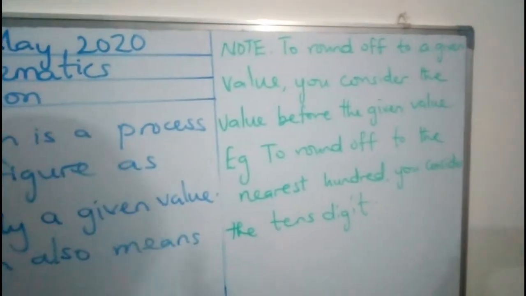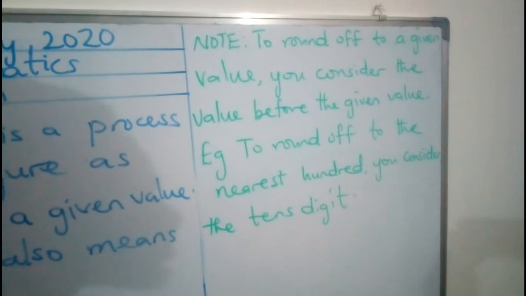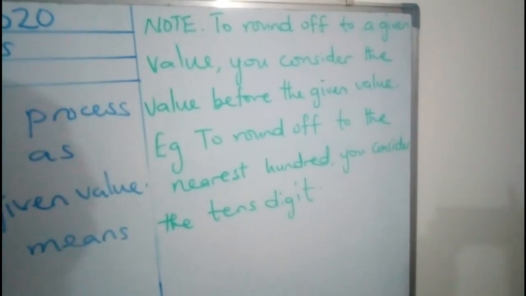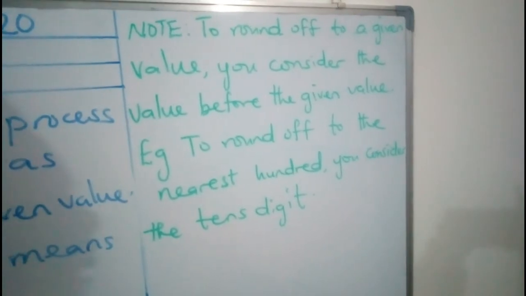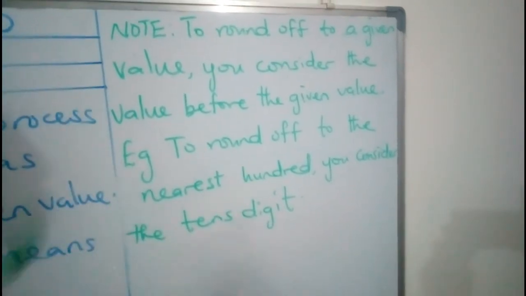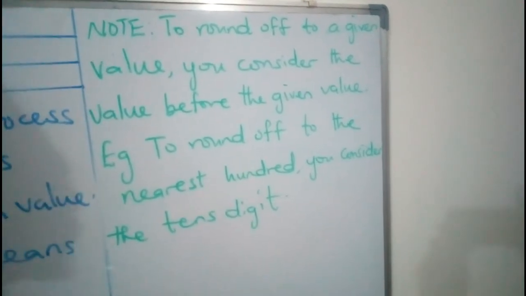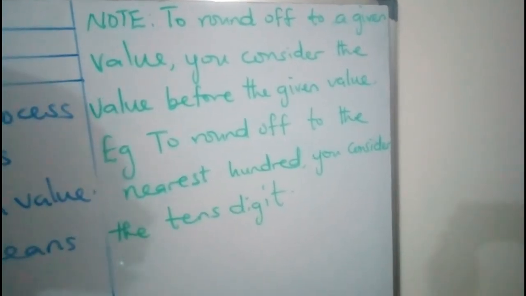There's important information for us to note here on the other side of the board. To round off to a given value, you consider the value before the given value. Don't allow that to get you confused. Of course, you know our place values: unit, tens, 100, and so on.